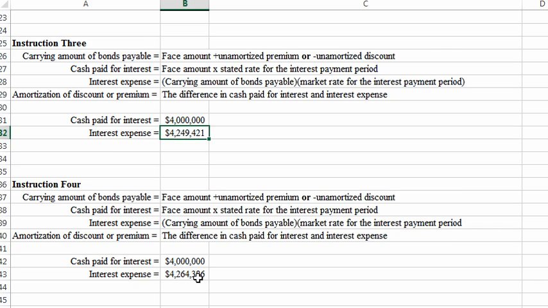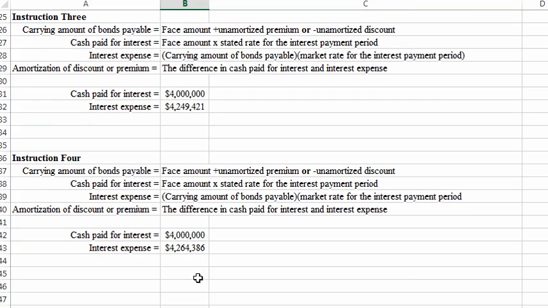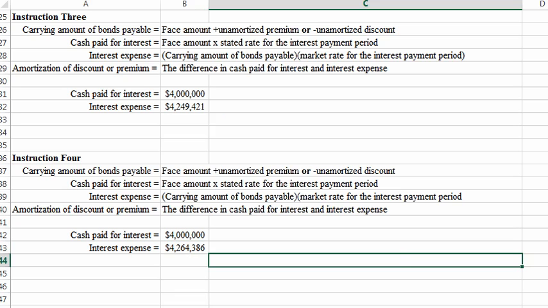And eventually that carrying amount will go from the 70 million and change it started with up to the $80 million face amount. Okay, so here we'll make our entry a debit to interest expense. What is that? $4,264,386.